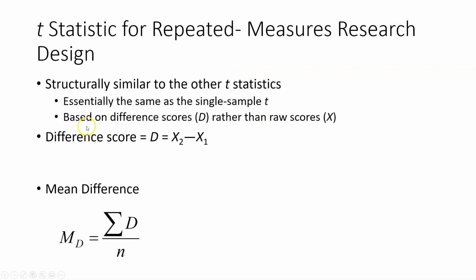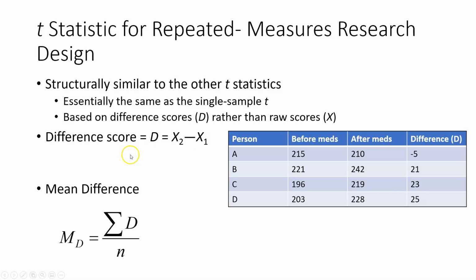This, however, is based on difference scores that are indicated with a D, rather than raw scores, which we indicated before with an X. So a difference score is equal to x2 minus x1. You remember I showed you that on the very first slide, where you might have people in the two conditions, and you take the second score minus the first score. So the post-test minus the pre-test. Score 2 minus score 1.